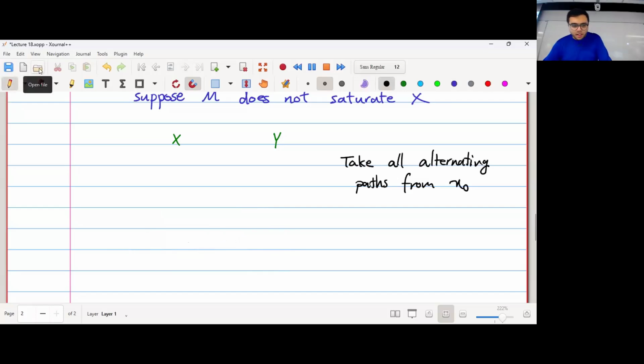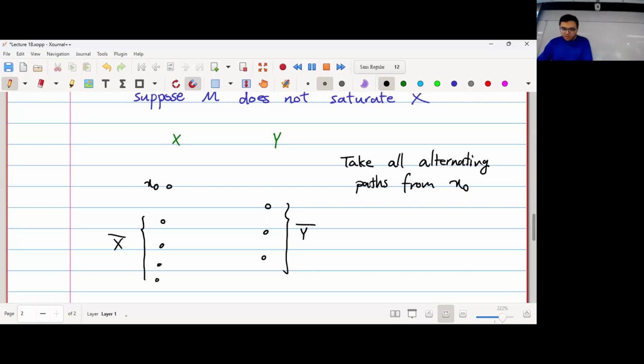Actually, quite hard to erase. So let's say I have my vertex x0 here. And in Y, I have a bunch of vertices that could be reached from x0 by alternating paths. Let's call that y bar. And then in X, I'm also going to have a bunch of vertices that were reachable from x0 by an alternating path. Let's call that x bar.